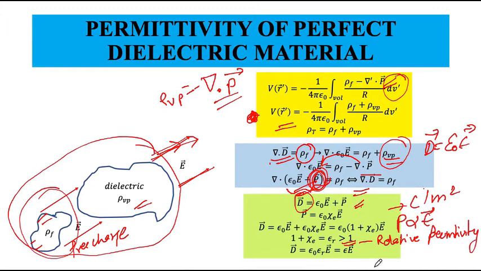For free space, epsilon r equals 1, which again indicates chi e equals 0. For any other material, epsilon r is greater than 1. So in terms of that, I can write D as epsilon naught epsilon r times the electric field. It's not rho, it's epsilon, sorry.